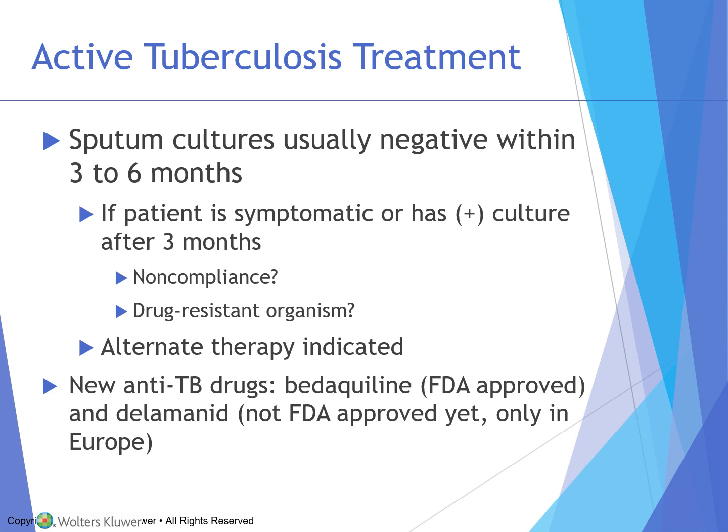For example, for isoniazid, we need to make sure that patients stick to the medication regimen. It is essential that they finish their medications. They should be feeling better within 2 to 3 weeks. If not, they need to notify the doctor. Okay?